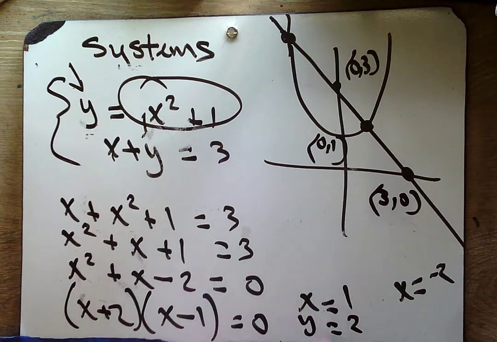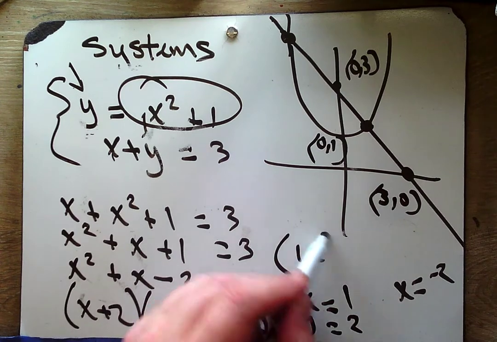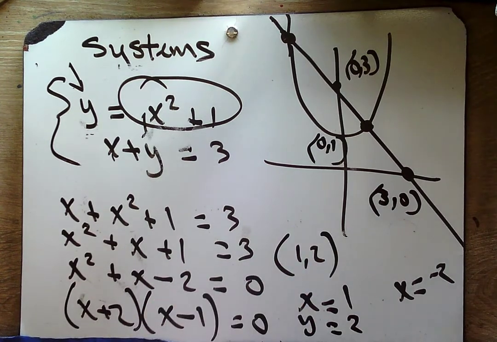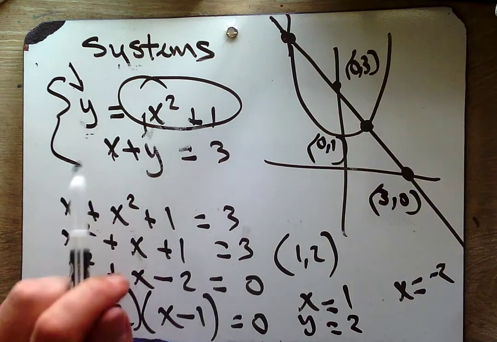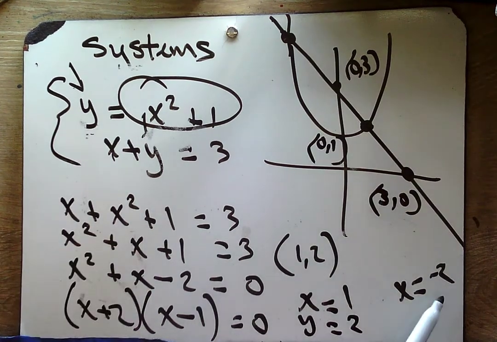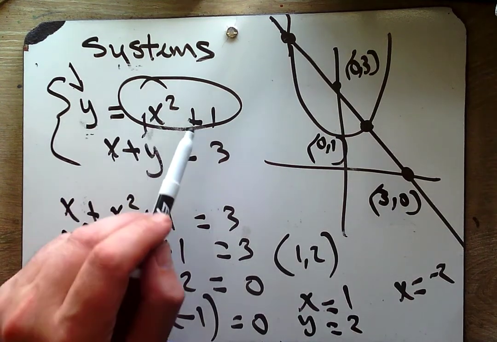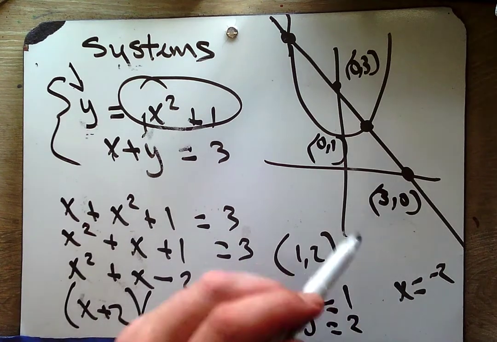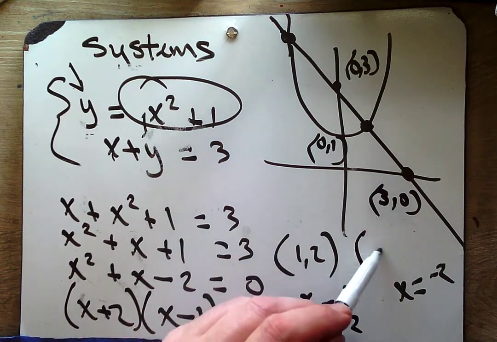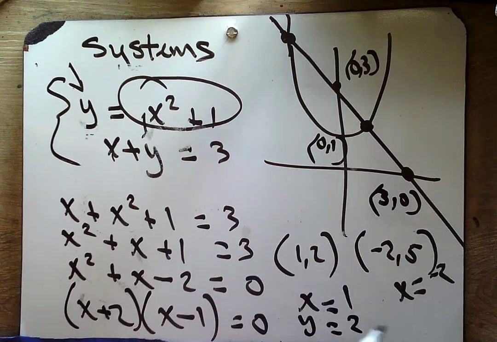Again, don't write your answer that way. Instead, I want to see it as an ordered pair. I want to see that you're thinking about this graphically, not just algebraically. If I plug a negative 2 in for x, negative 2 times negative 2 is 4, plus 1 is 5. And so my second ordered pair is (negative 2, 5). And that's how I use substitution there.